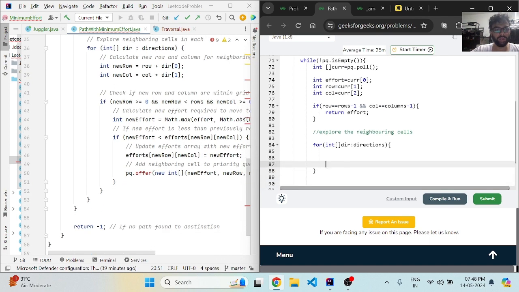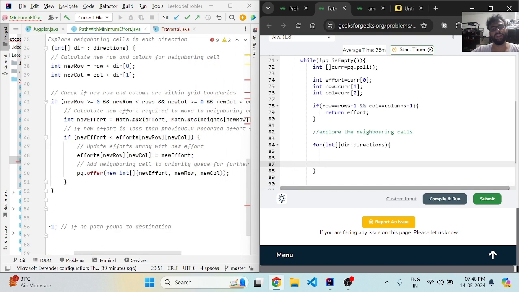Over here we calculate the new row and column for the neighboring cell, which is shown in the matrix. So int new row is row plus direction of the first index, and similarly int new column equals column plus direction of the first index.